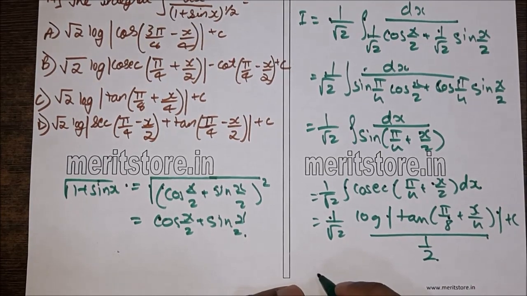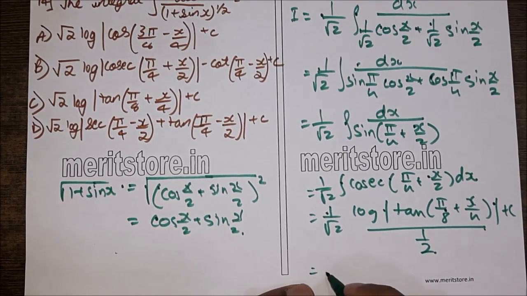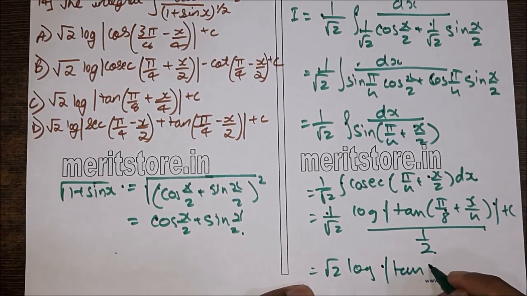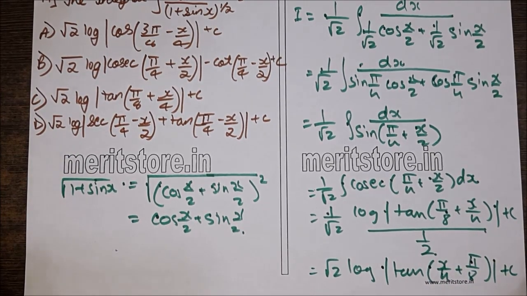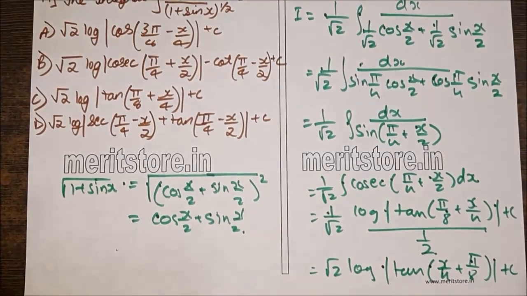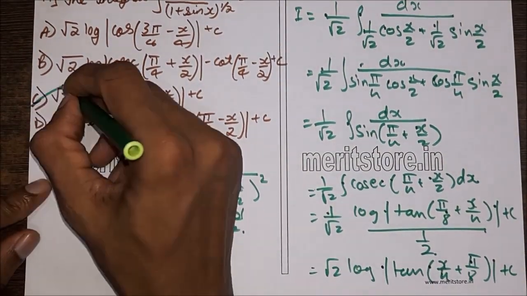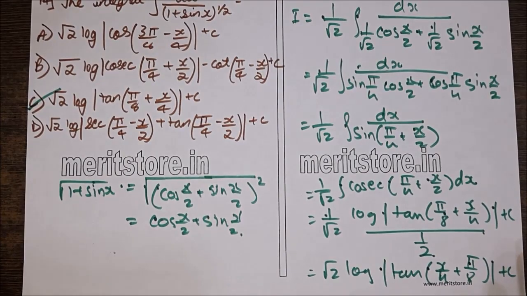Further, we can write this as root 2 log of mod tan of x by 4 plus pi by 8 mod plus c. Our answer matches with option C. Therefore option C is the correct answer.